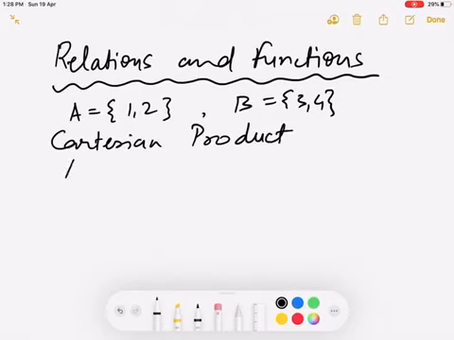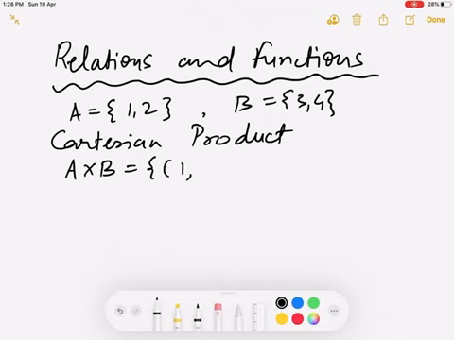If you can recall, we defined the Cartesian product as A cross B, the set of all ordered pairs such that the first element comes from A and the second element comes from B.